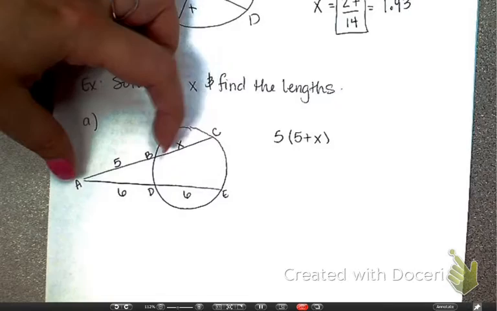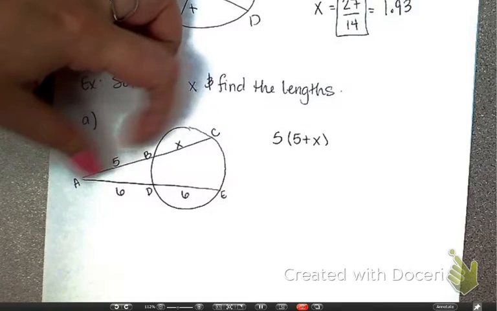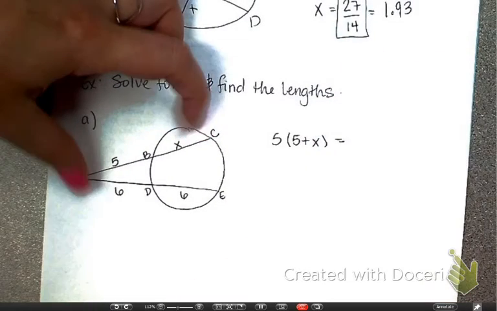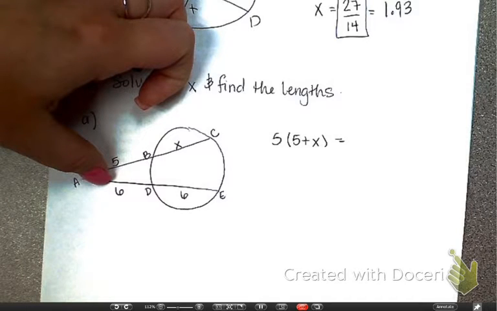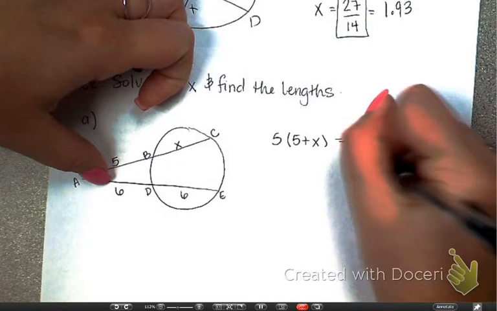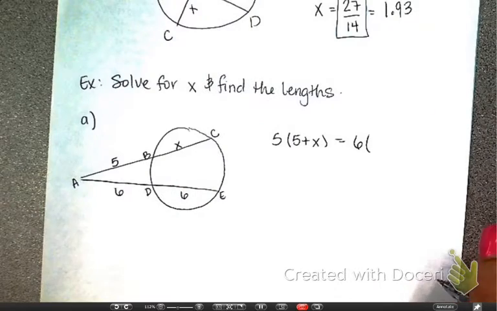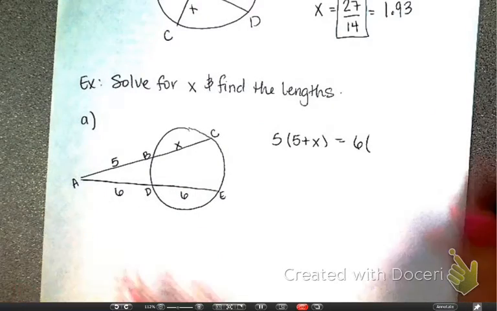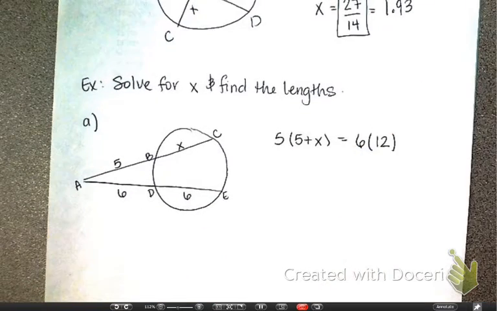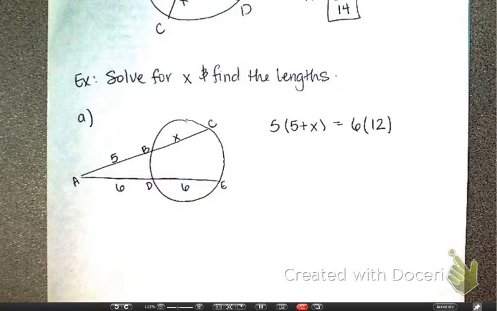Okay, so the outside and then the whole thing equals, what's the outside? 6 times the whole thing, 12. Are we okay with that equation?